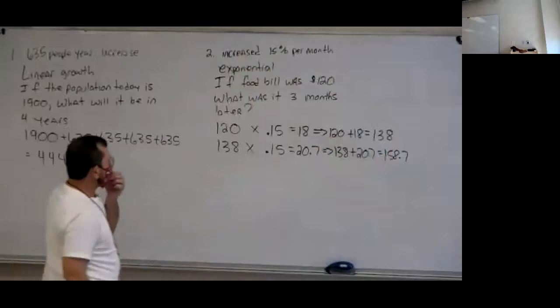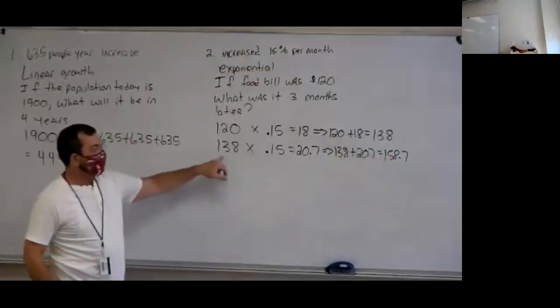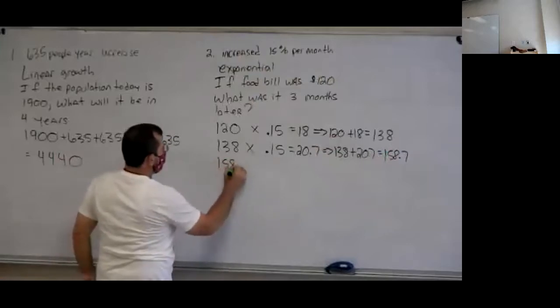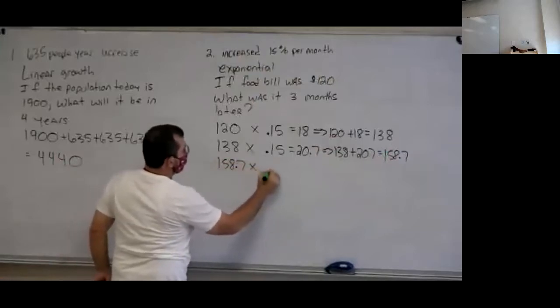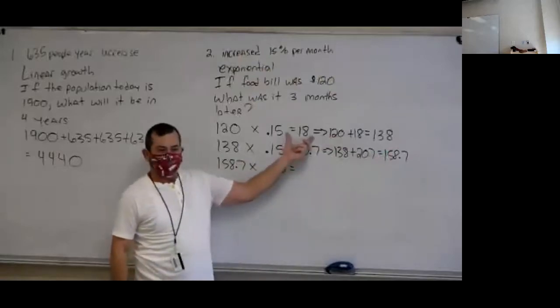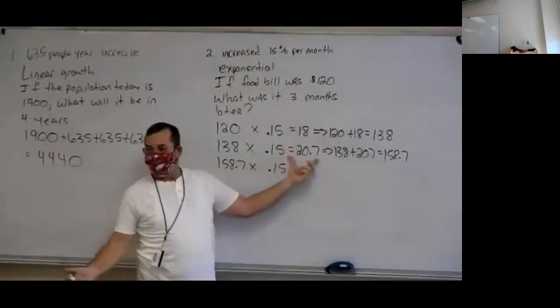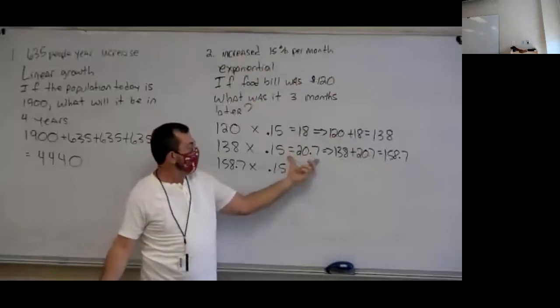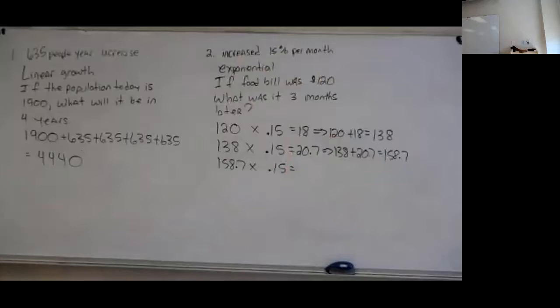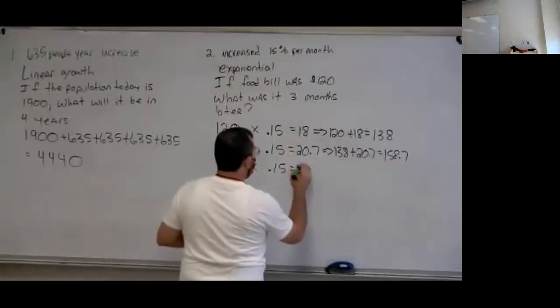Okay. So now you're starting with the 158.70 times 15%. But look, the first year 15% was 18. Second year 15% was 20.7. Let's see what it is that third year. 158.7 times 0.15 will give you 23.805.